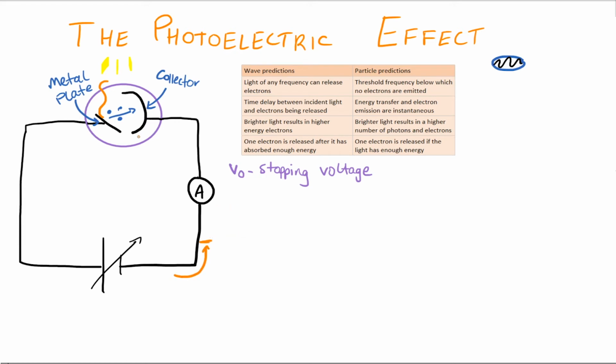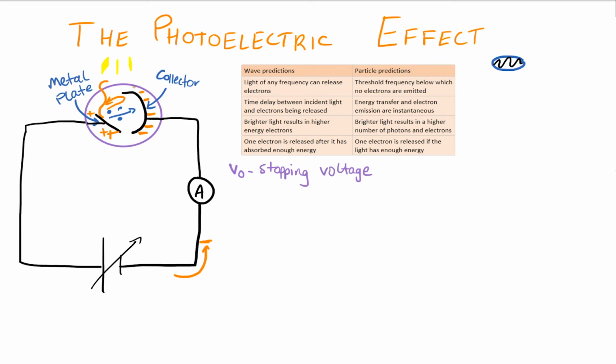And what that means is there'll be a buildup of negative charges around the collector plate, and that means there's a buildup of positive charges around the metal plate that the light is hitting. And that means that there's some kind of repulsive force. Remember, electrons are negative, and if they're flying towards a negatively charged surface, some of them might actually be repelled back to the original metal plate that they came from.